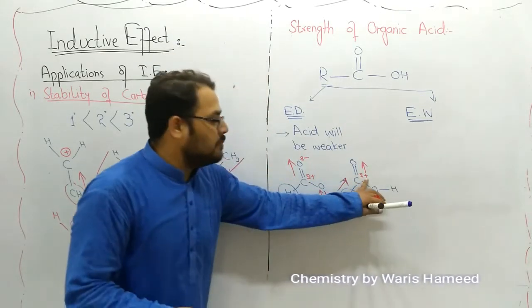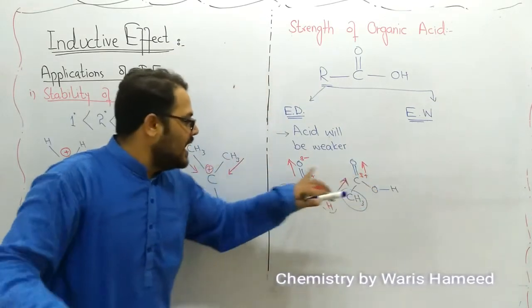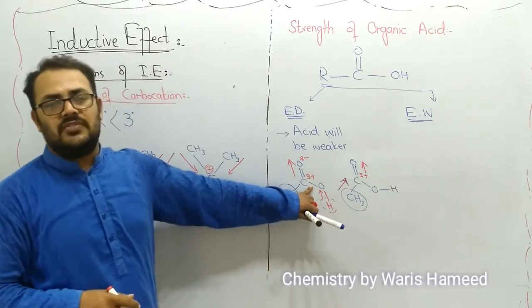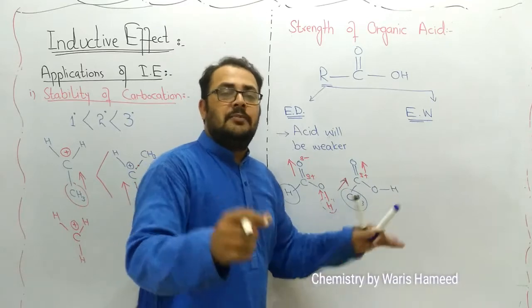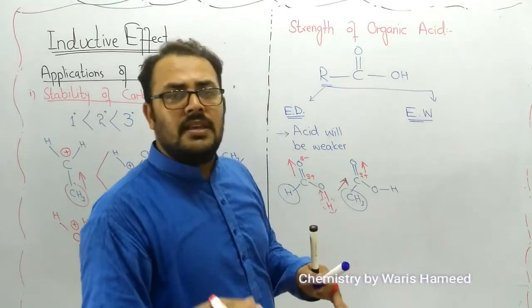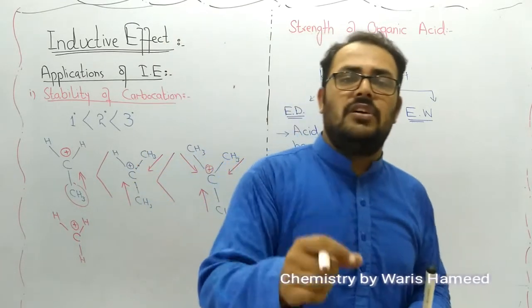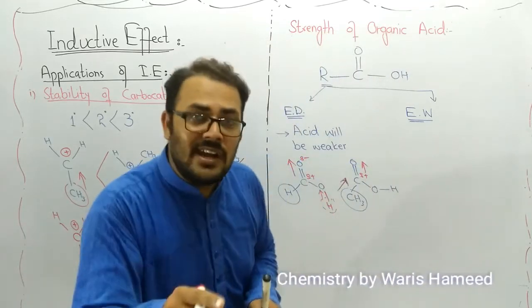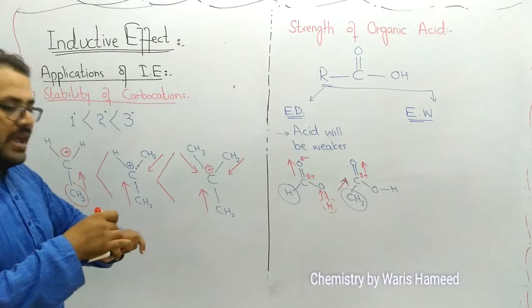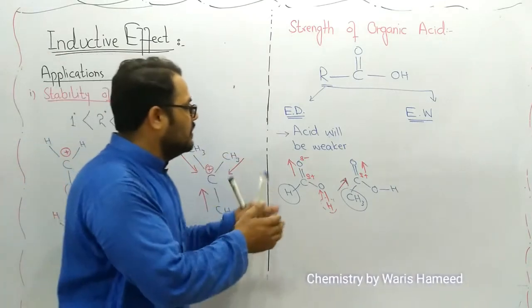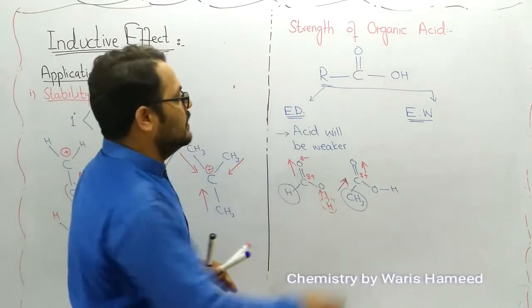So this partial positive charge is less as compared to this partial positive charge. So in case of acetic acid, it becomes weaker because CH3 is an electron donating group and a stronger electron donating group as compared to hydrogen. I think you have taken the concept of electron donating group.